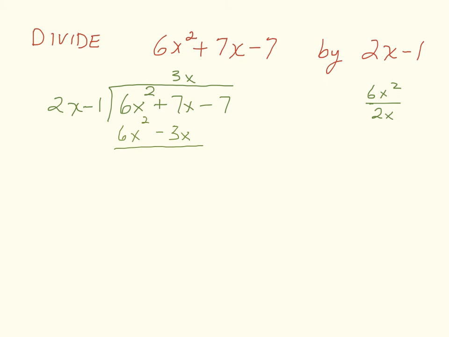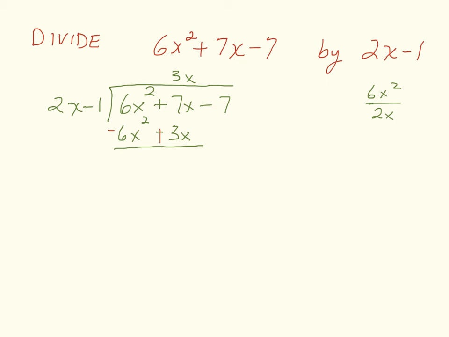Notice if you do it correctly, your first term down here will always be the same as the term just above it. But when you subtract, it becomes the opposite. So 6x squared becomes negative 6x squared. Negative 3x becomes positive 3x.